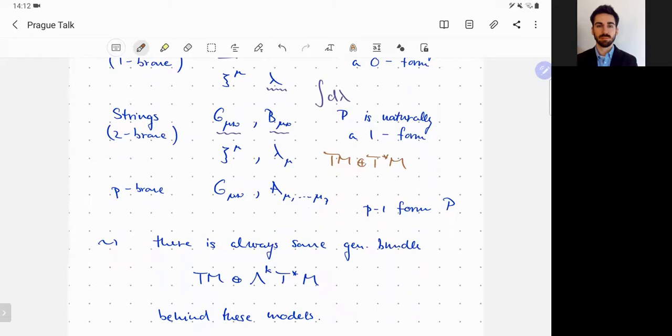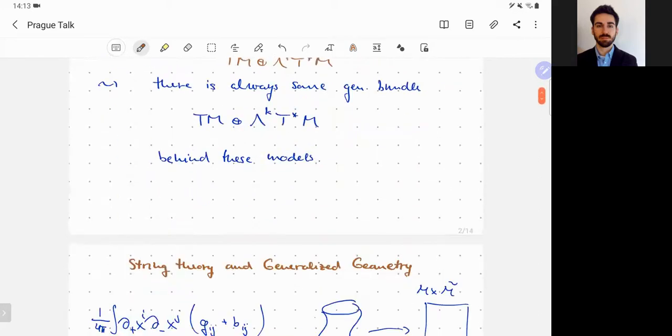So you can pull back the p-form, and there will be this space underlying the pseudo symmetries, and that's the space of p-forms plus vectors. So from the world volume perspective, for different extended objects, we see this extended tangent space emerging as a natural space of pseudo symmetries.